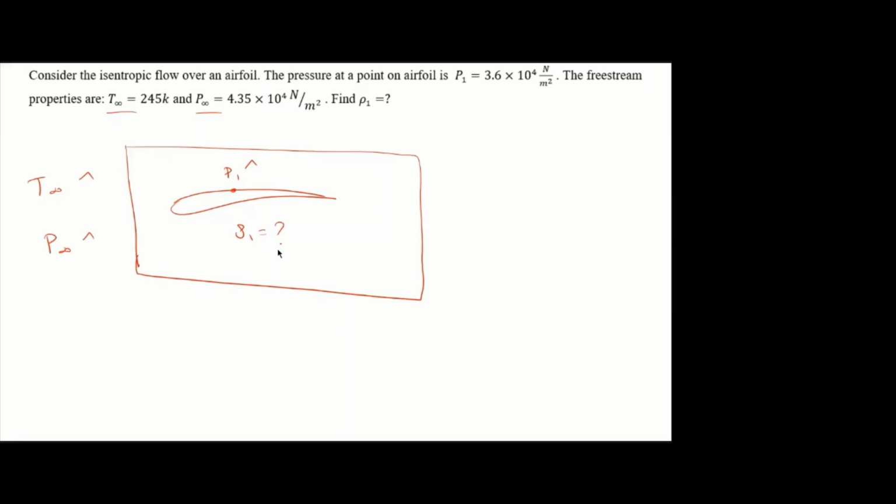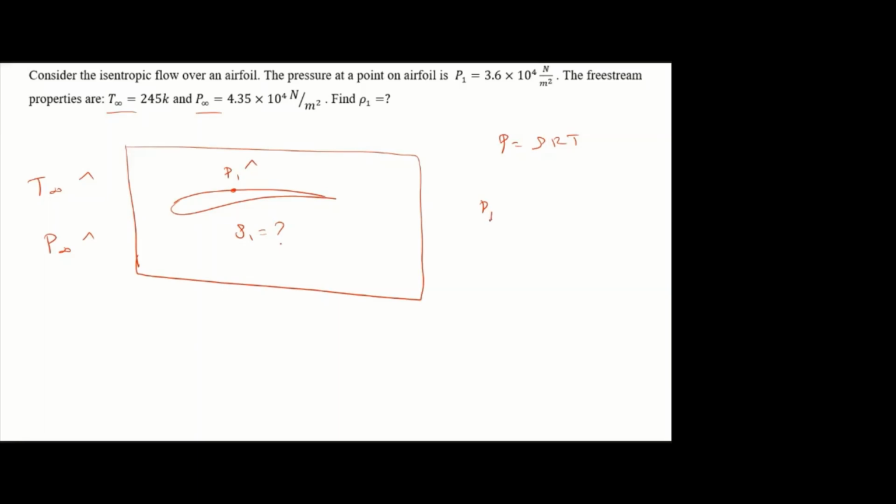What is the procedure? So P equals rho RT. There is temperature also given at stagnation point. So we can find T1, sir. Okay, how to find T1? The formula for this, isentropic flow is there, so we can use the relation. Sir, P2 by P1 equals T2 by T1 power gamma by gamma minus 1 we can use.